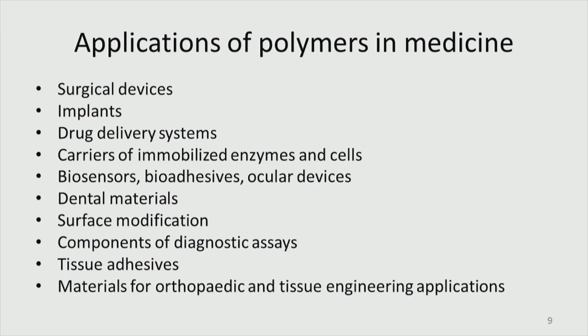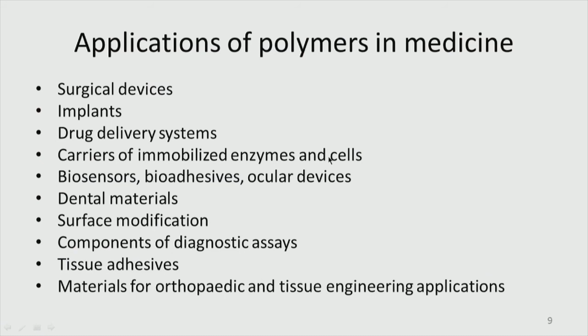Okay. So, a lot of applications polymers have: surgical devices, implants. I showed you so many examples, drug delivery systems. Okay. So, you want slow release antibiotics, we can coat surfaces with carriers of immobilized enzymes and cells. Okay.